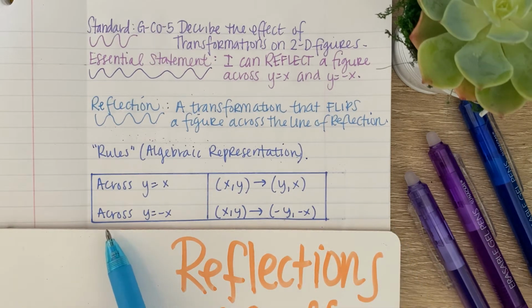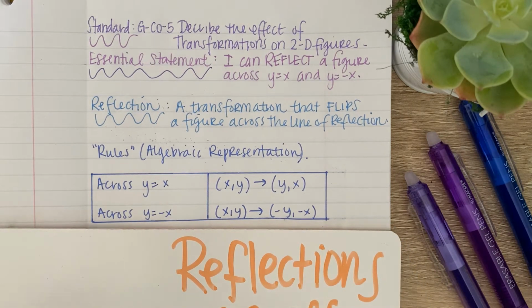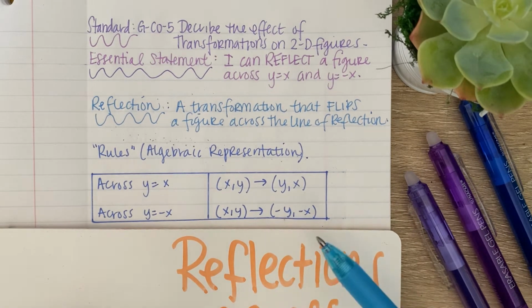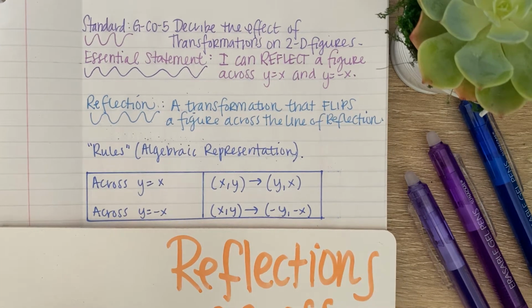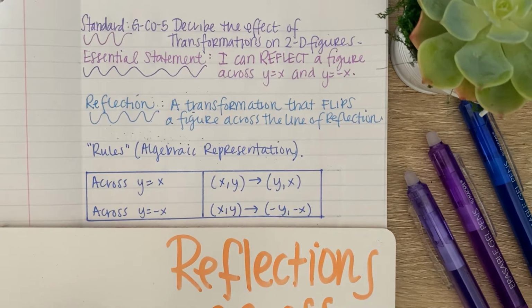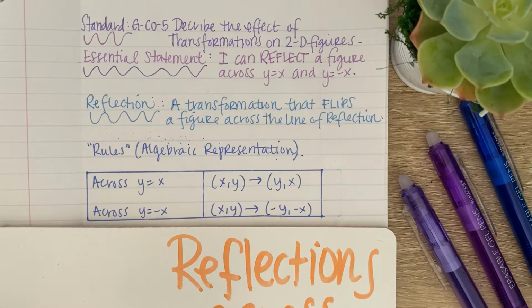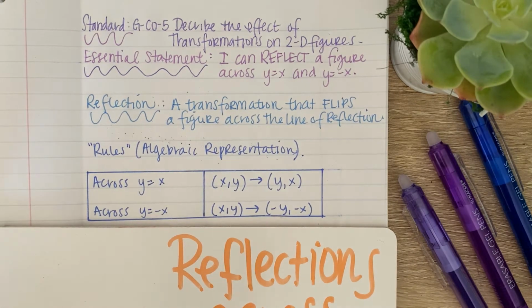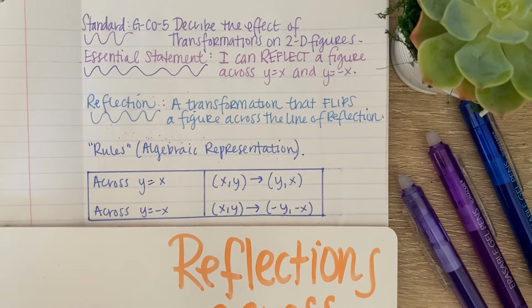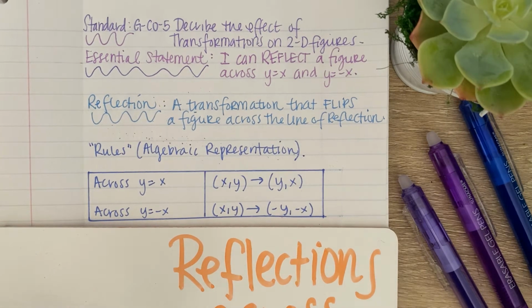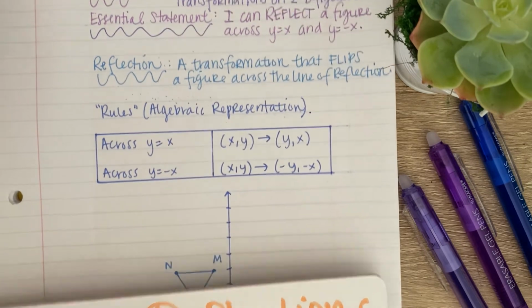And when you're reflecting across y equals negative x, you not only flip your ordered pair, but you also change the sign on that number. So this right here does not mean make your number negative. This means make the sign opposite. Okay, so let's go ahead and do an example.